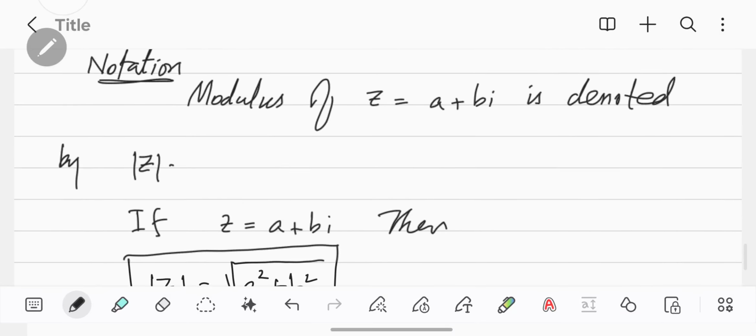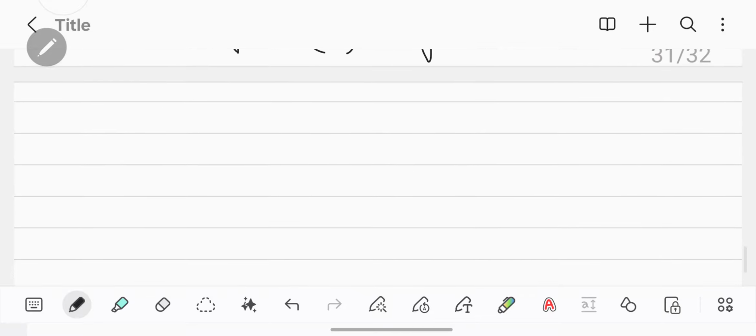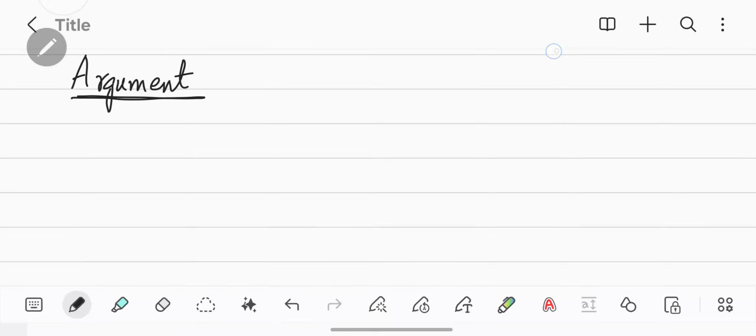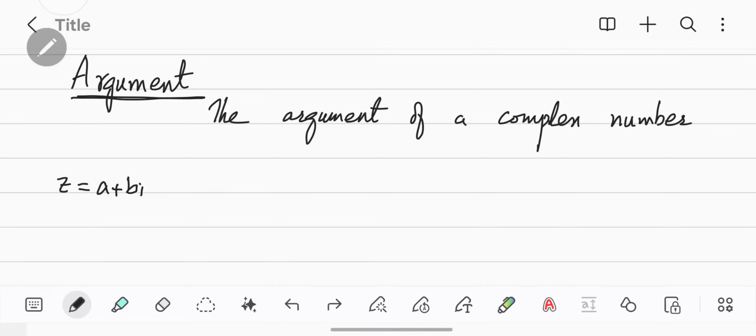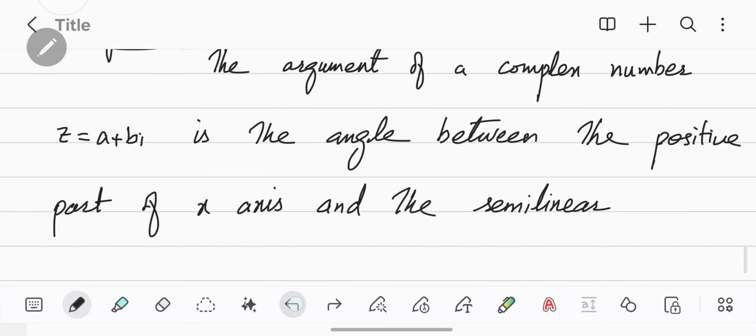Once we have defined the modulus, then we will define the argument. What is an argument of a complex number? The argument of a complex number, suppose the complex number is a plus b iota, is the angle between the positive part of the x-axis and the semilinear line OP.